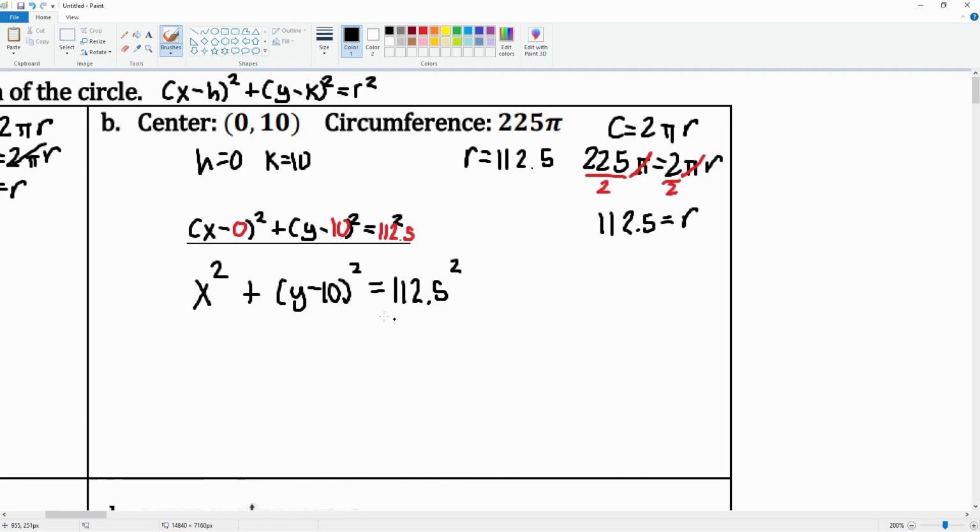You can also write this as 12656.25. Okay, and that's it.